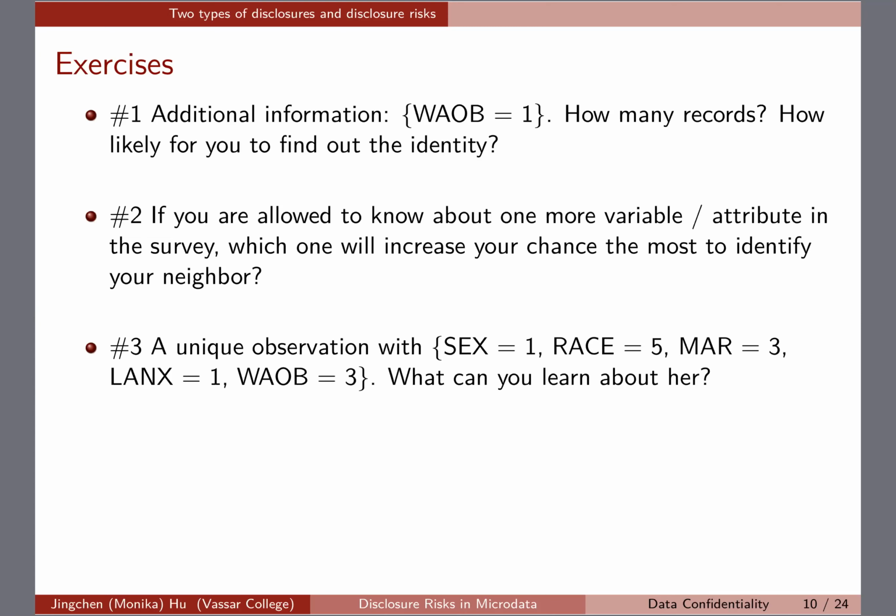That is pretty much, in some sense, trying to look at the cross tabulations of all the variables. And the last one is, I was just playing with it and I found a unique observation with these 5 variable or attribute values here: sex 1, race 5, marital status 3, language speaking 1, and place of birth 3. My question for you is, what can you learn about her?